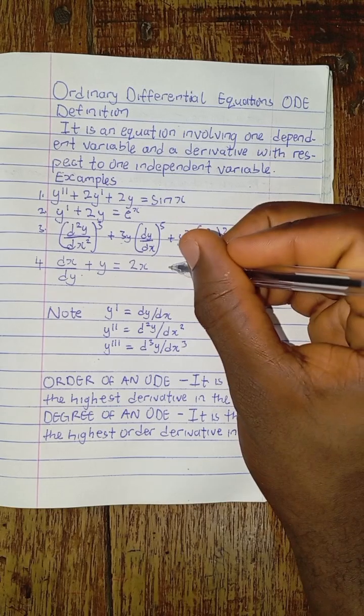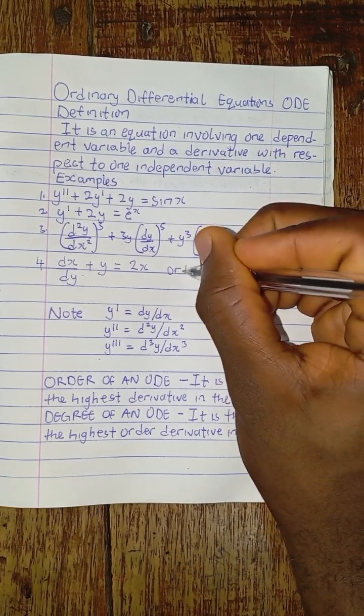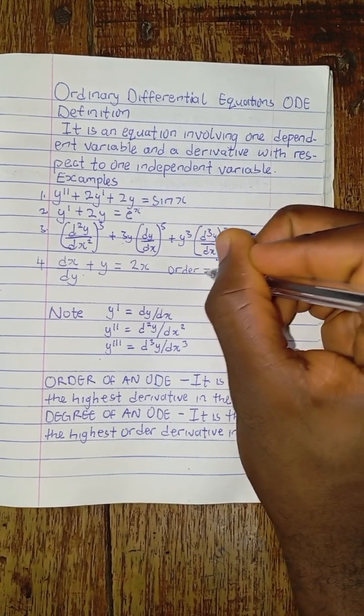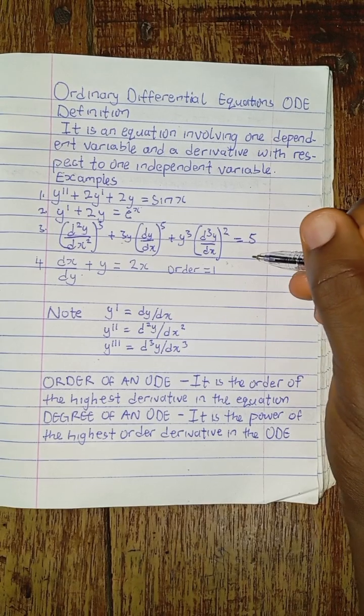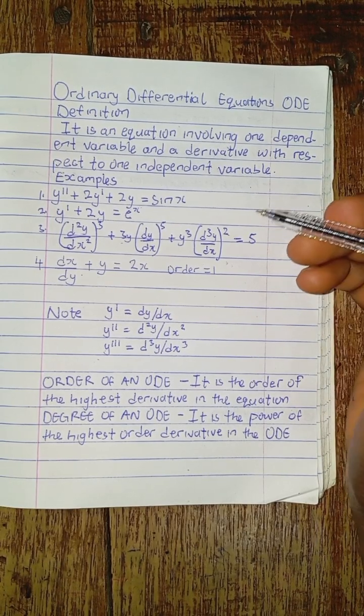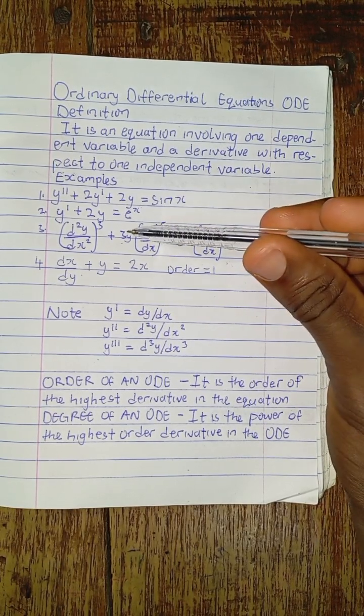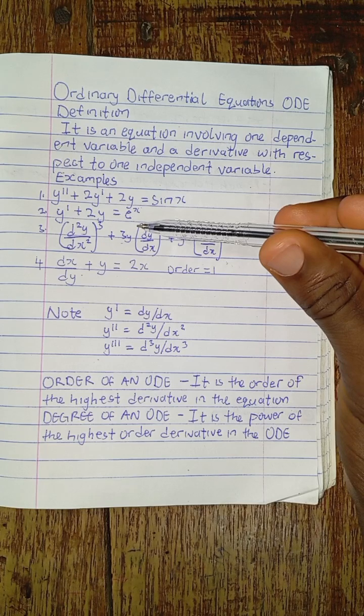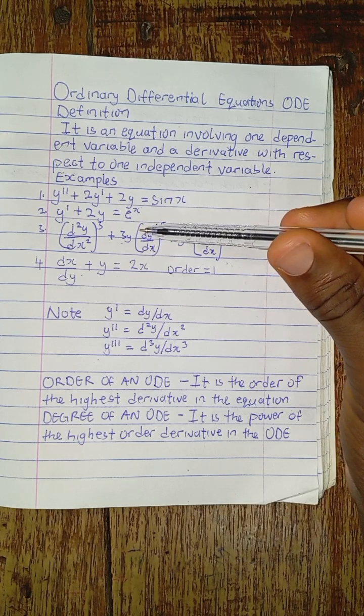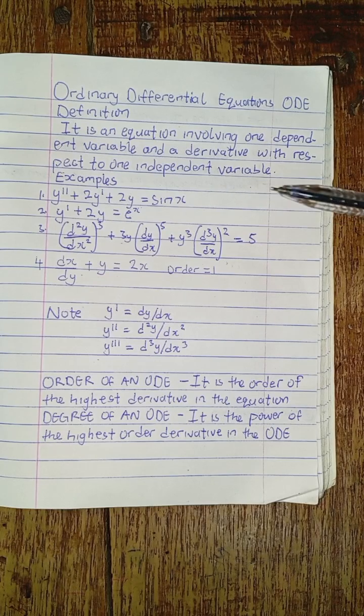The order is equal to 1 since it's the first derivative. Coming over to example 3, to find the order of the equation, it's going to be the highest order.